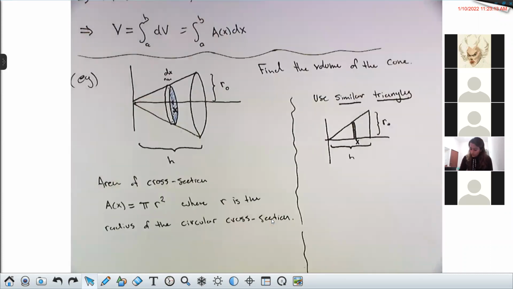What does it mean to say two triangles are similar, and what can we deduce? Anybody?